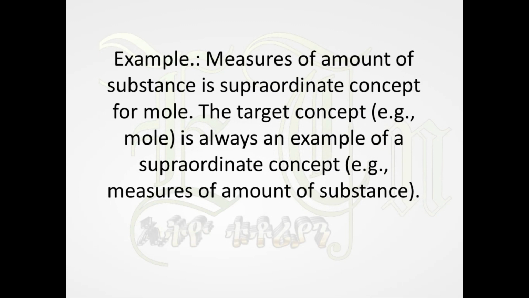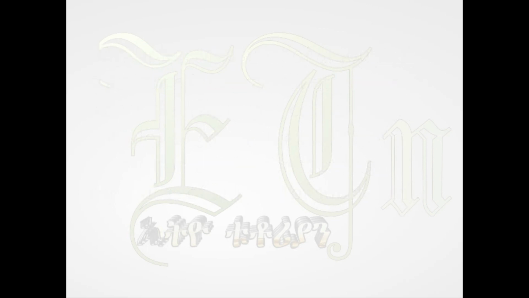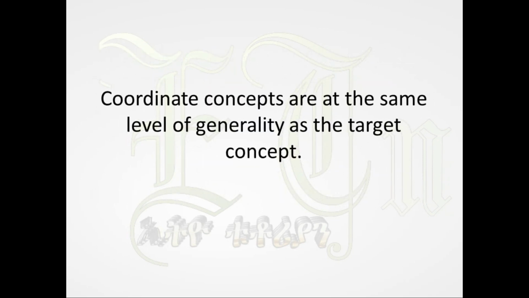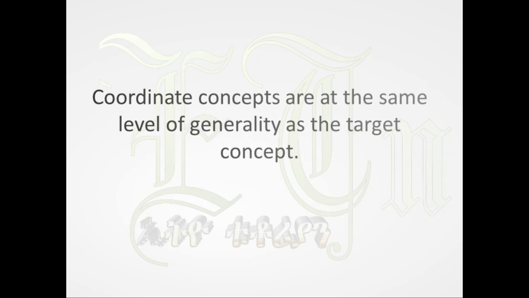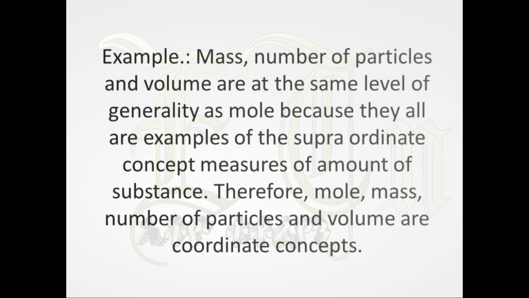Example: measures of amount of substances is a supraordinate concept for mole. The target concept, e.g., mole, is always an example of a supraordinate concept, e.g., measures of amount of substance. Coordinate concepts are at the same level of generality as the target concept.